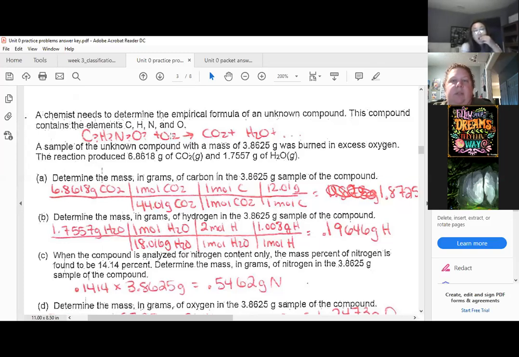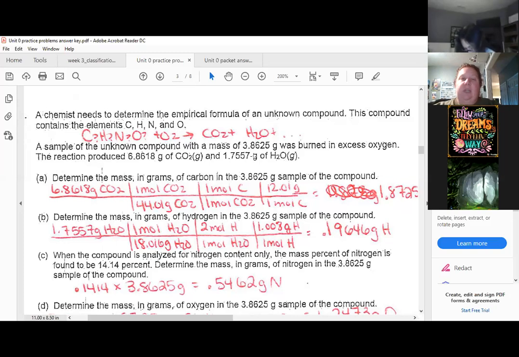We burn it in excess oxygen and it makes carbon dioxide and water, plus dot, dot, dot, because we've got to take care of that nitrogen somewhere. They're just not telling us about it. So it's not super important because they're going to tell us all the information we need to know. It says specifically the reaction produced 6.8618 grams of carbon dioxide and 1.7557 grams of water.